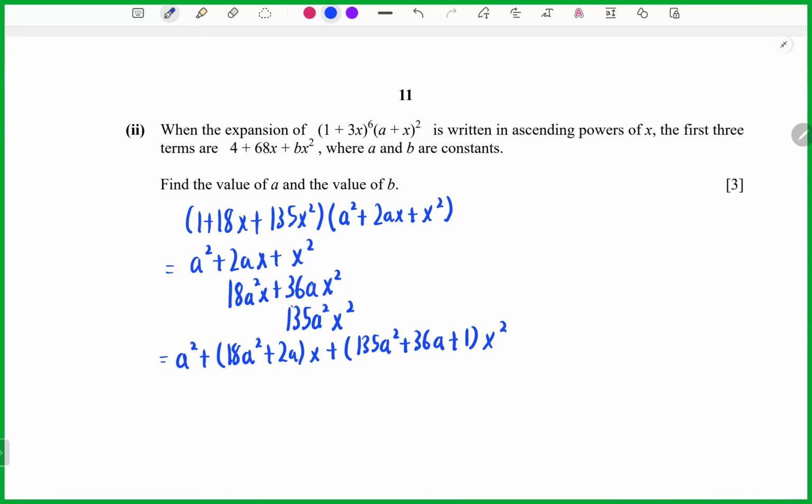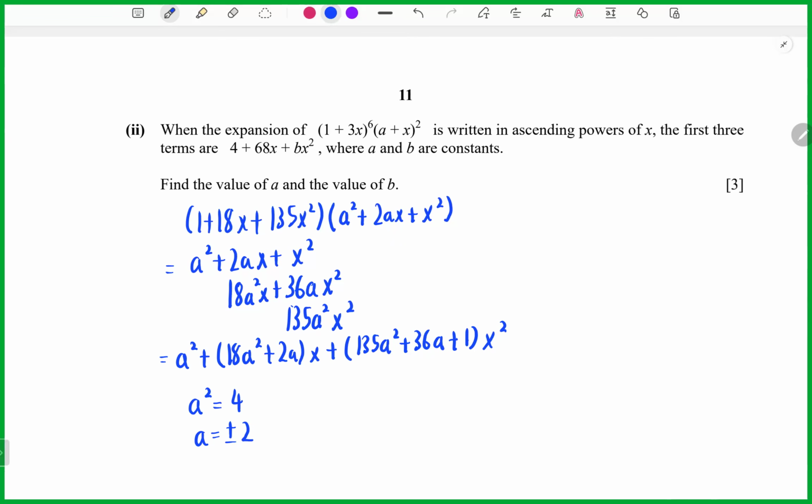So let's see. We can take a squared equals 4, so a will equal positive or negative 2.